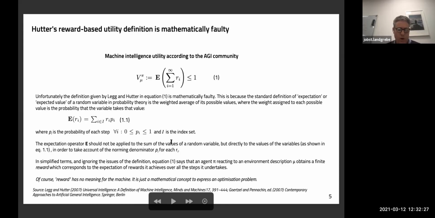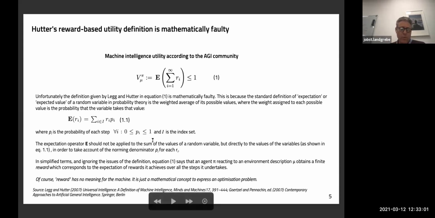Anyhow, if we ignore this problem, and as a mathematician I kind of suffer under such bad usage of operators, and therefore I realized it, in simplified terms it says that an agent pi reacting to an environment mu obtains a finite reward, and the finiteness is defined here as smaller or equal to 1, which corresponds to the expectation of reward it receives over all steps it undertakes.